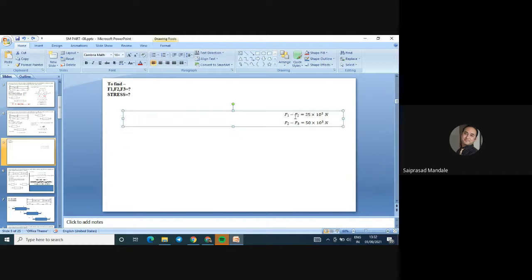From this, I'm going to write F1 is equal to, what is F1 equal to? 25 into 10 cube plus F2.